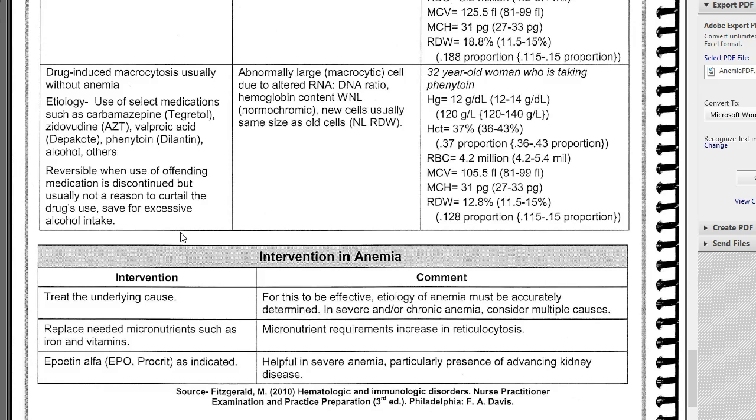So the main thing that you're doing is treating the underlying cause, or the underlying chronic disease state that's going on, and providing nutritional support. Sometimes patients with end-stage renal disease or HIV are going to need some erythropoietin.